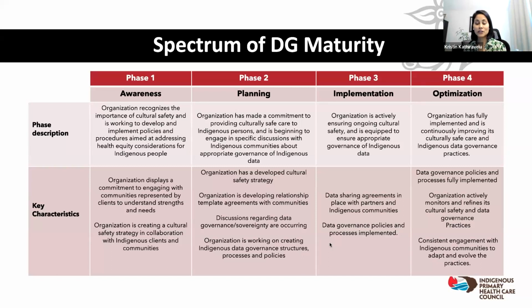So they've been at this for a while. They're at what we're calling an optimization phase. They've fully implemented Indigenous data governance principles and policies, and now they're working at continually refining, improving, and working on their Indigenous data governance practices.